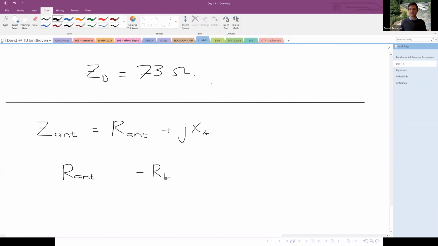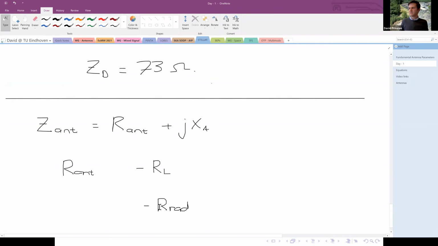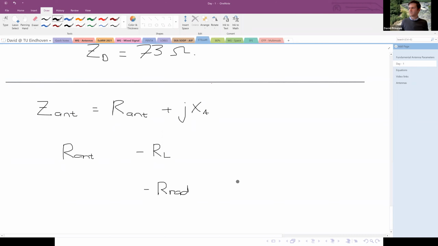So this is conduction losses or dielectric losses of the antenna itself. It's just a standard form of energy loss conversion. But there's a different part that contributes to this, and this is the radiation resistance. And the radiation resistance of the antenna is defined by the total radiated power of the antenna. So this may sound a little bit strange, but let me try and explain that to you.